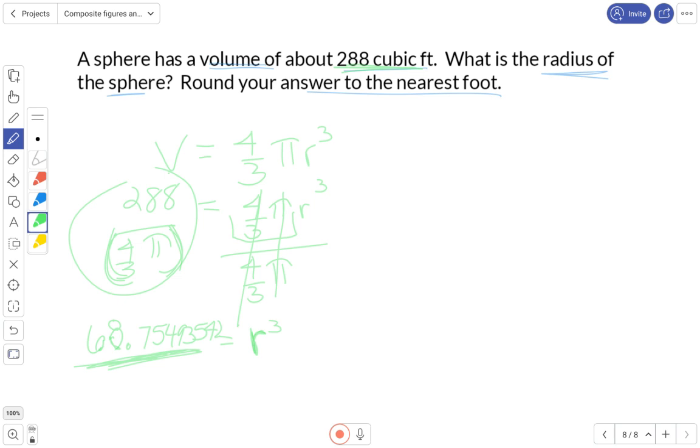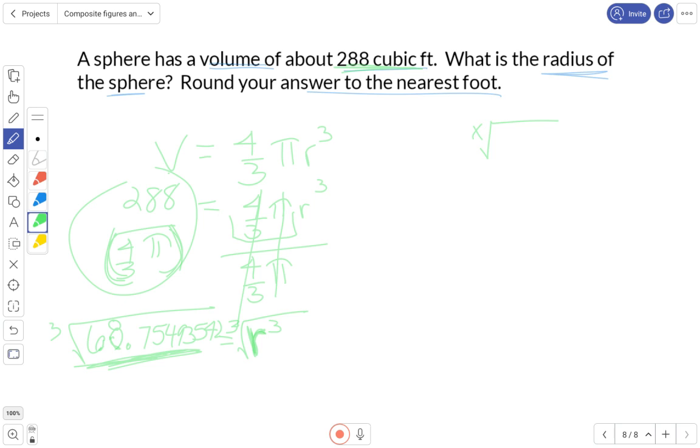So now to figure out what r is, because we have r cubed, you have to remember to take the cube root of both sides. Now remember, to put the cube root in your calculator, you're going to hit second, and then the caret button. Oh, I'm sorry, I take it back. Hold on.